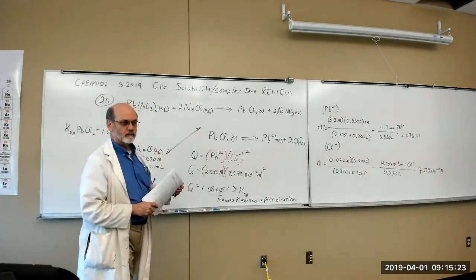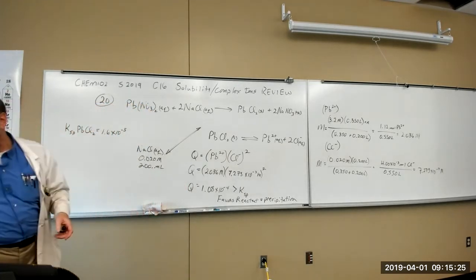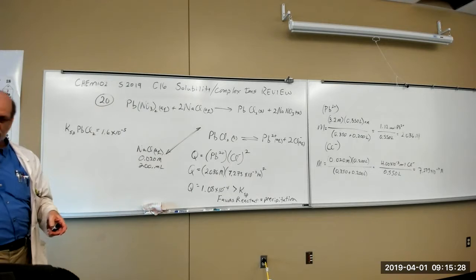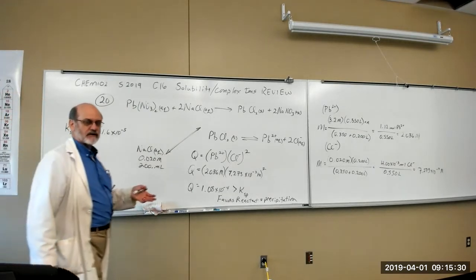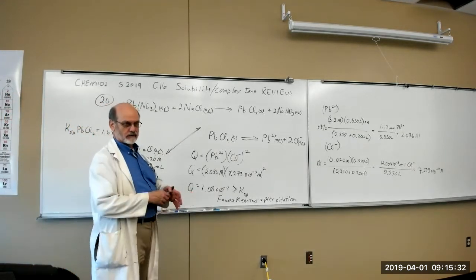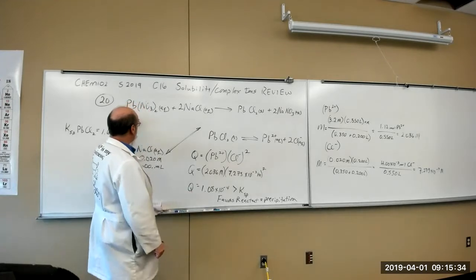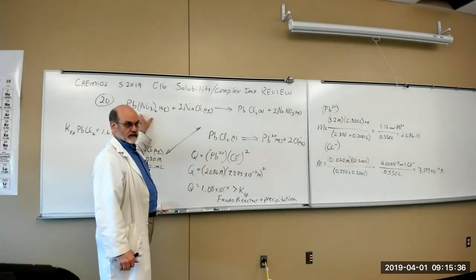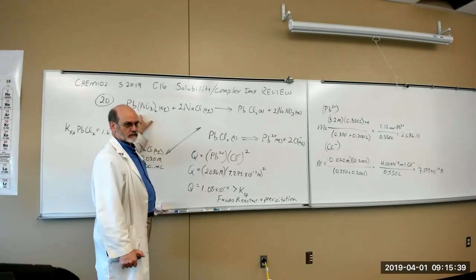What do you mean? Say that again. Oh, I was drawing a distinction between adding chloride as the acid or chloride as the salt. If this is the only thing you've got in solution, then any chloride will work.